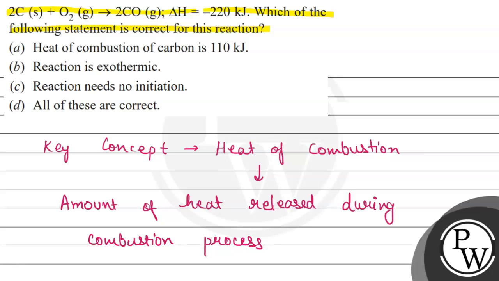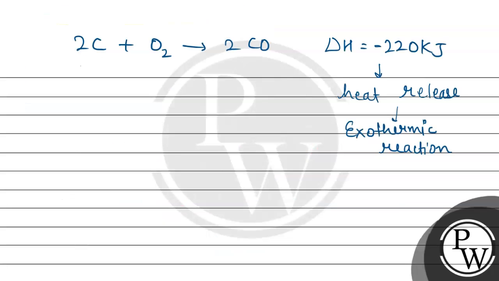So जो हमारे पास A option है it says heat of combustion of carbon is 110 kilojoule. So जो हमारे पास reaction given है this is not the reaction for the heat of combustion of the carbon. जो हमारे पास कार्बन की combustion के लिए reaction आता है that is this carbon plus oxygen, it leads to the formation of the carbon dioxide plus heat and plus light.